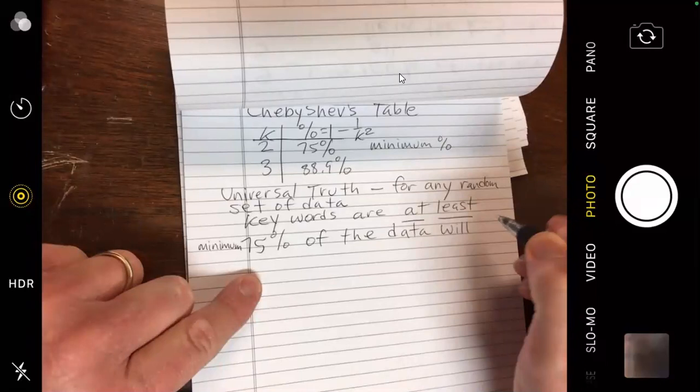It's a mathematical universal truth. I'll write out the third row: at least 88.9%, minimum, of the data. And I've lost my train of thought. Let's see if I can get it back.